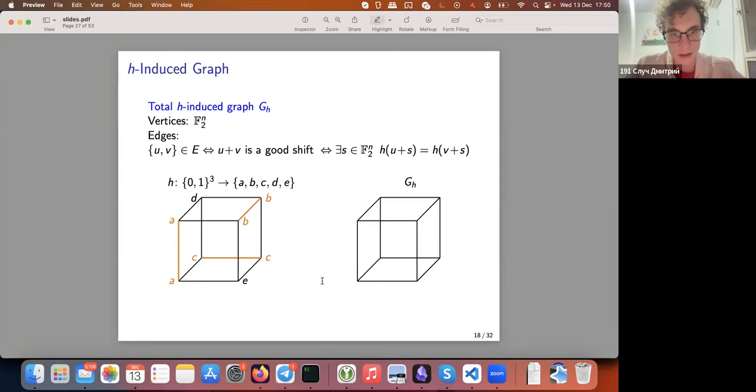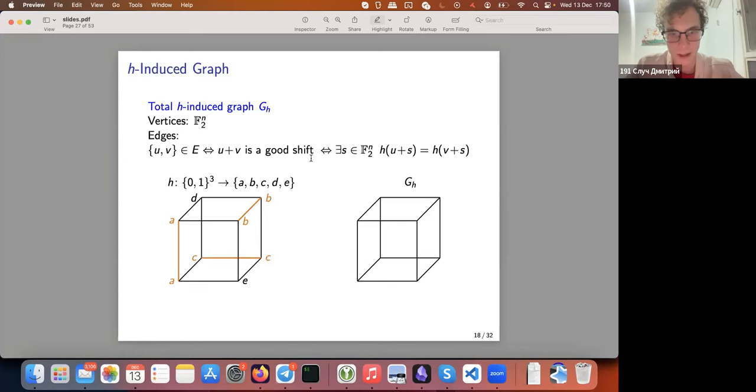And these 3 shifts generate the total H-induced graph, which is a cube, because we can draw this edge from this vertex, from this vertex, from this vertex. We can draw a vertical edge from all the vertices. And the same for edges looking forward, and the same for horizontal edges. That way we draw all the edges.